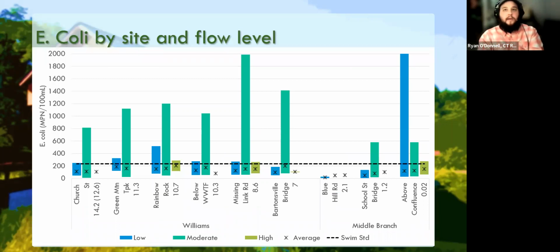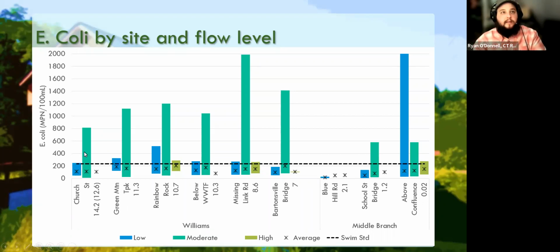And then here are the same results, but broken down by flow level. This is a little bit less effective for E. coli because we see it so heavily influenced by whether or not it's rained recently. So what you'll see is that the low flows tend to be the lowest, although we did seem to capture at least one really high number during a low flow period at the middle branch site, the train bridge.